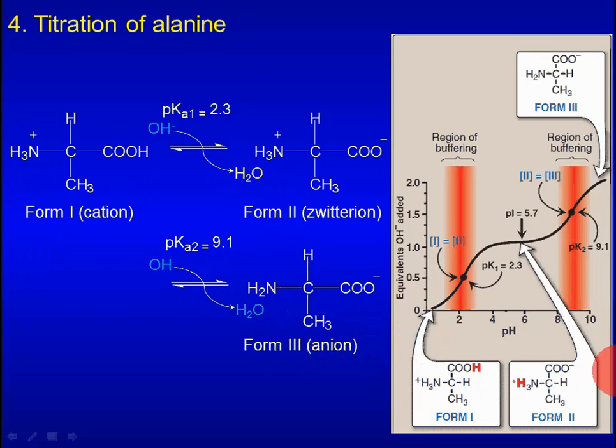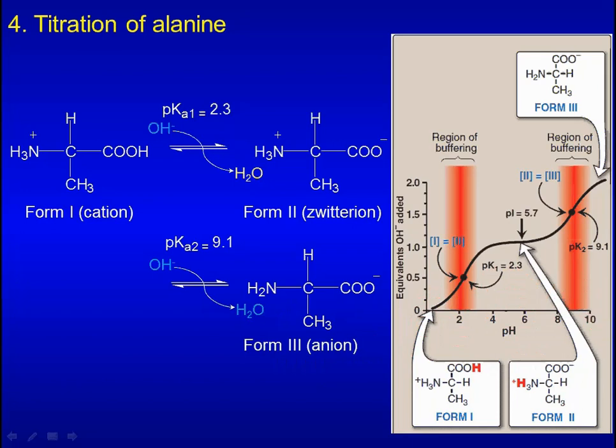In the titration curve, there are 3 clearly defined regions. In region 1, pH below pKa1. Region 2, pH is between pKa1 and pKa2. Region 3 is pH above pKa2.